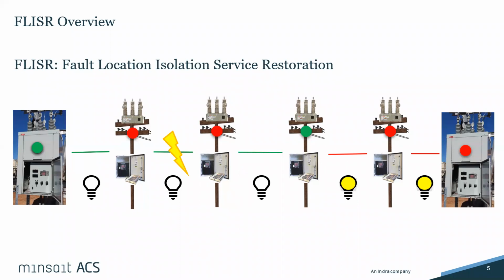So the goal of FLISR or auto restoration is certainly to restore customers on either side of that fault as quickly as possible in an automated fashion. So the first part of FLISR is fault location. There's a number of ways to identify the location of a fault, but the method we're going to be talking about today is utilizing fault flags.